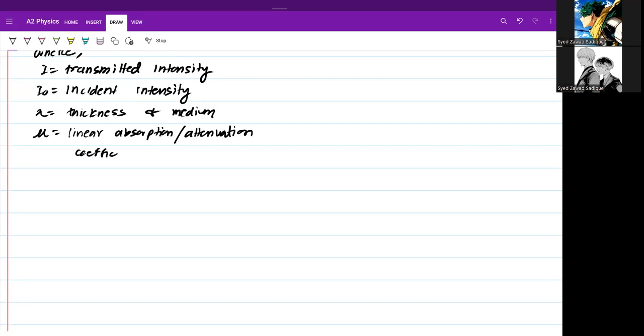I like to say linear attenuation coefficient, but it does not matter what you write in the exam.